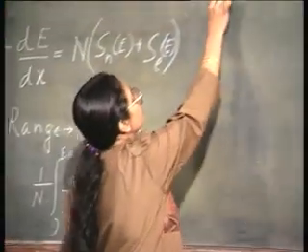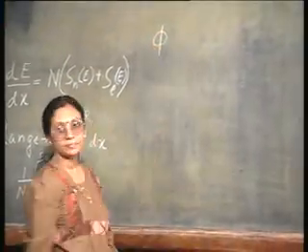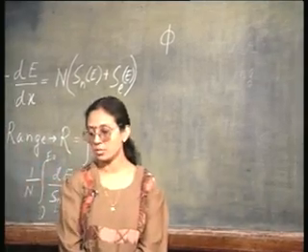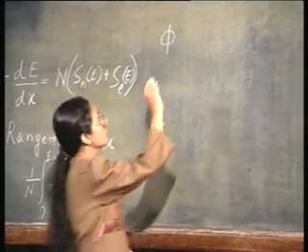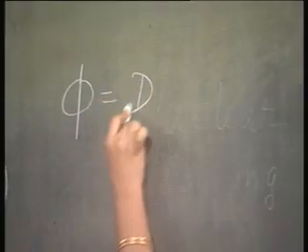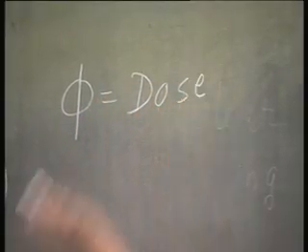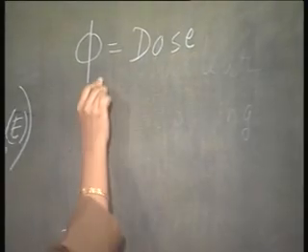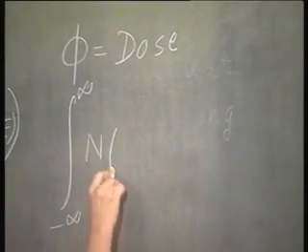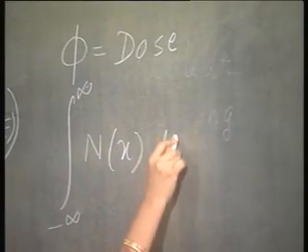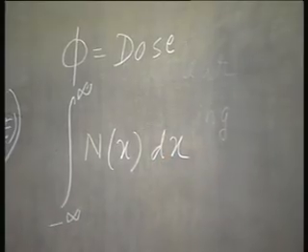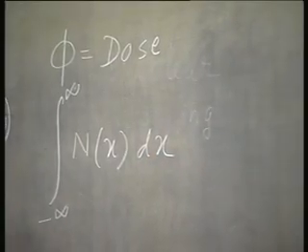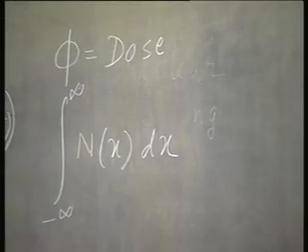So, the dose, which is called phi in ion implantation, this is the notation which is usually used, is given simply by integrating n(x) between the limits minus infinity to plus infinity. Now, you already know what n(x) is. Let us try to integrate this.